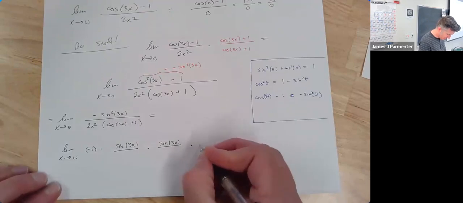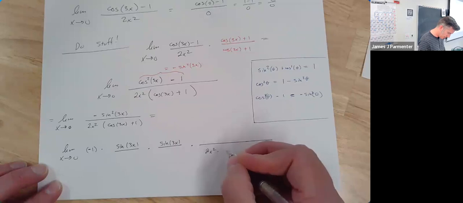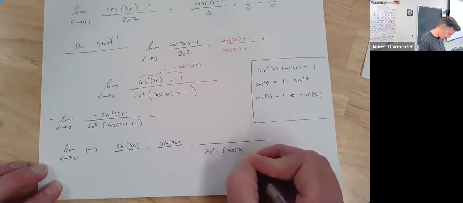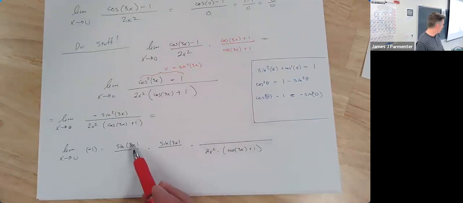And then I also have all this other stuff in the denominator, 2x squared times my cosine of 3x plus 1. I should mention, this is not the only way of doing this, it's just the way I think works pretty well. So now, what do I wish I had beneath sine of 3x?